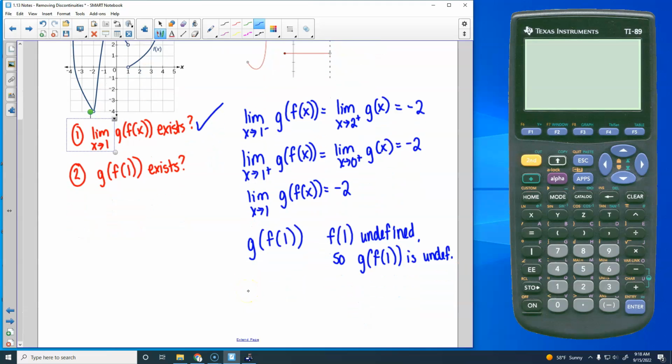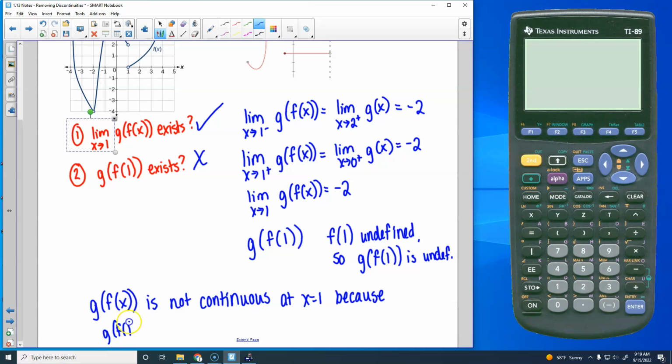So, the last thing I would want to show is that they're equal to each other, but if I get an x on any of these, if it's not true, then it means that we're not continuous, right? So we would conclude that g of f of x is not continuous at x equals 1 because g of f of 1 is undefined.